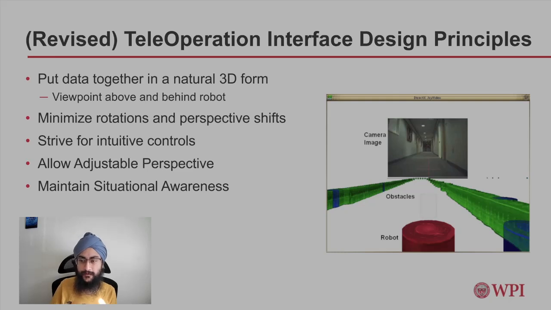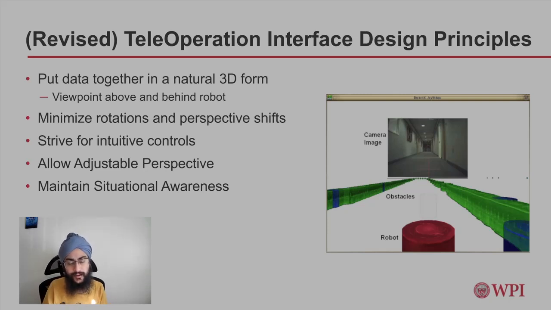Sometimes maybe you need to zoom out a little bit so you can see more of your surroundings, so you can make a longer term plan for your robot. And maybe you need to zoom out and see your whole map and plan out some larger scale tasks. So that's where it's really nice to have adjustable perspective so you can have the right thing for what you're trying to do at the moment.